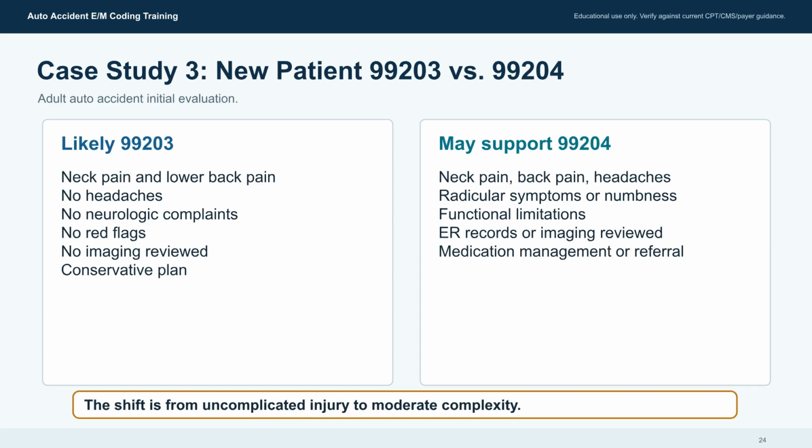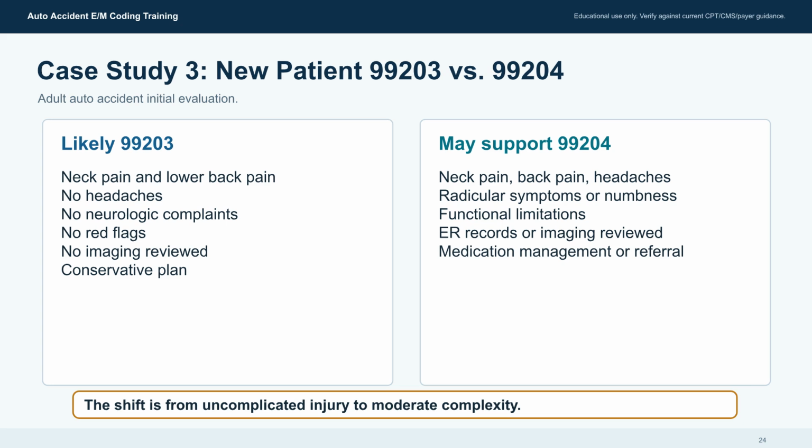When comparing 99203 and 99204 for a new patient, the key difference is complexity. A new patient with neck and low back pain, no neurological symptoms, no red flags, no imaging review, and a conservative care plan may support 99203.